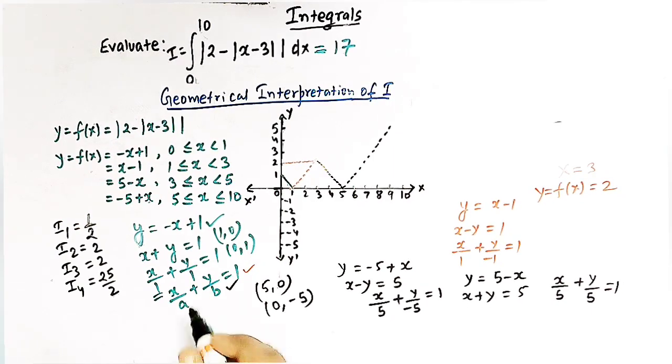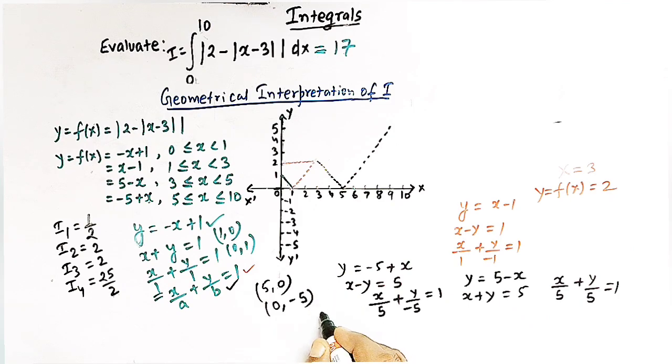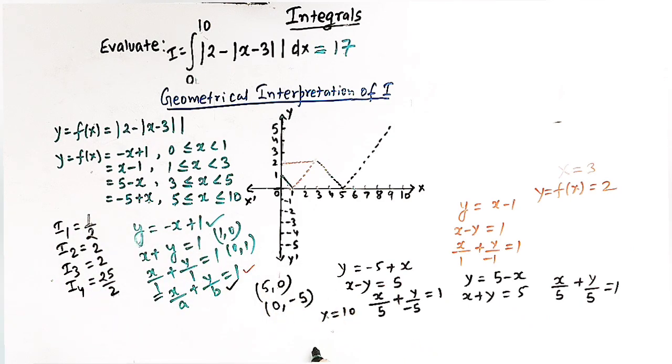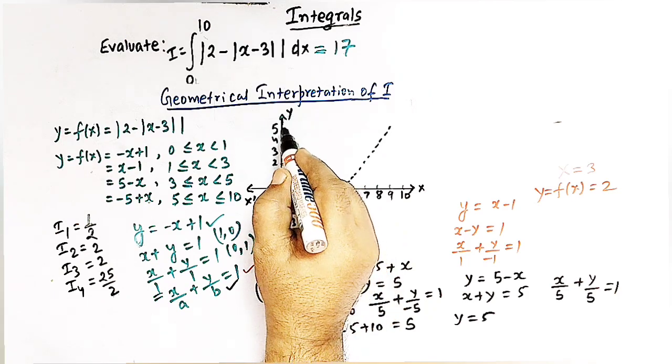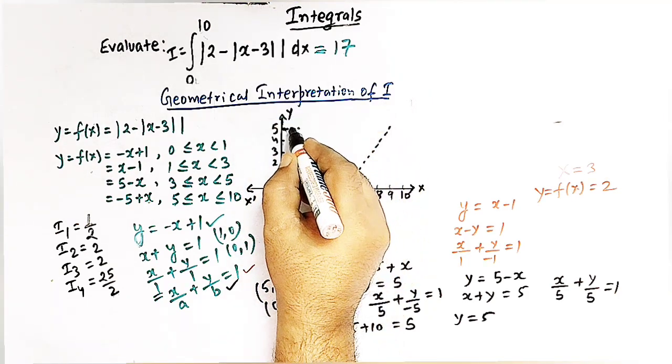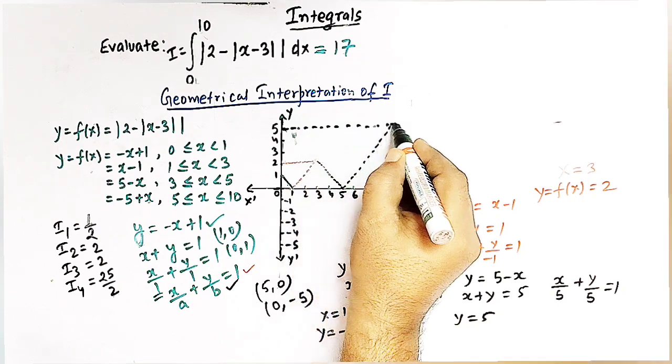And similarly, when x is equal to 10, then the value of y is equal to minus 5 plus 10, that is 5. So the line y is equal to 5. This line will go like this. So here we can draw the line like this.